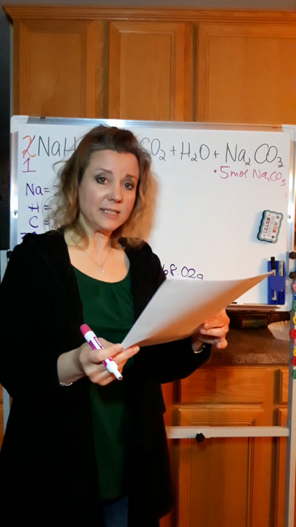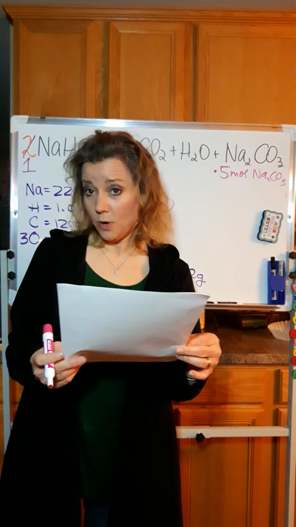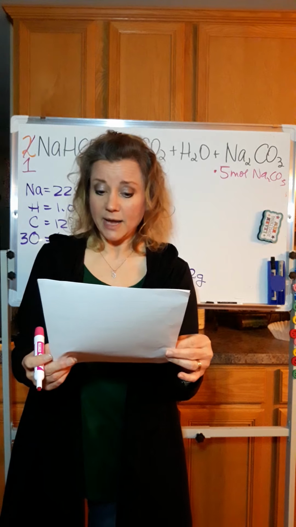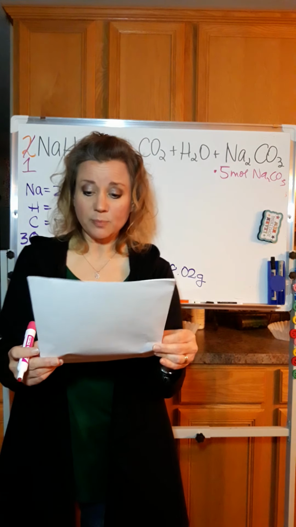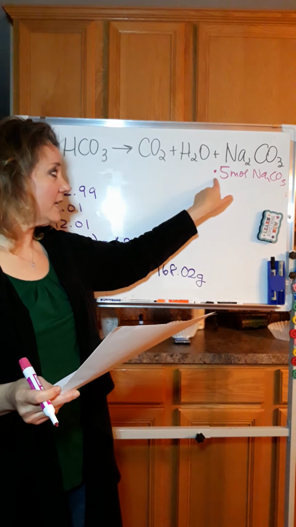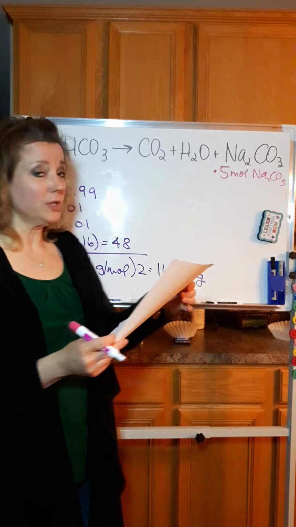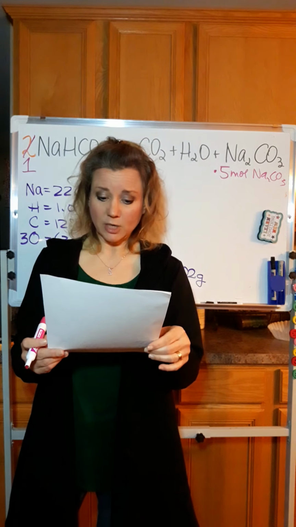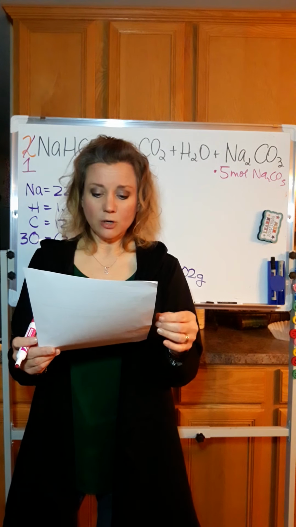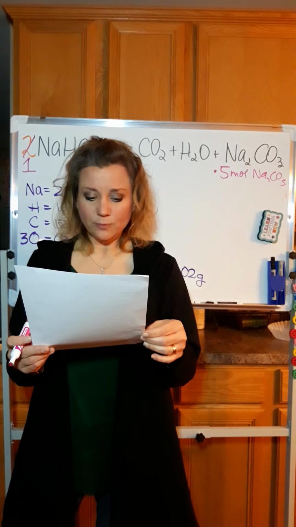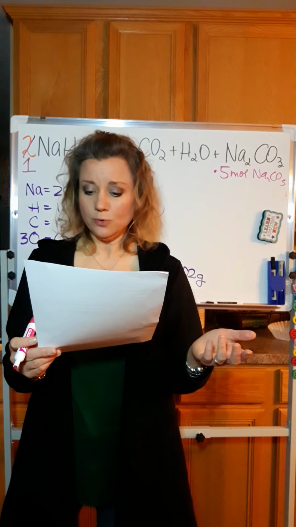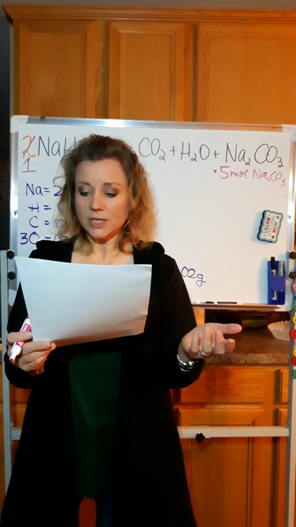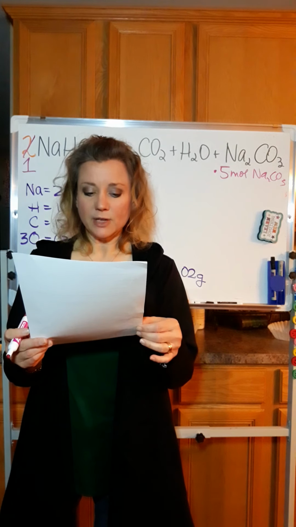Number 6 says if I start out with 1 mole of sodium bicarbonate, how many moles of sodium carbonate can I produce? And your answer is here, 0.5 moles of sodium carbonate. And so I don't really have a scale that measures that. What do I need to do to make that amount of sodium carbonate measurable?